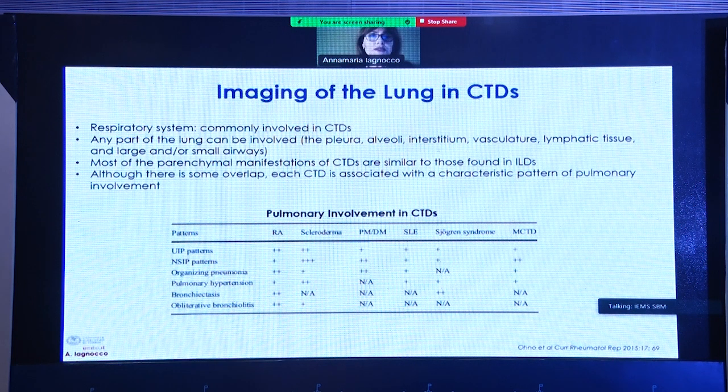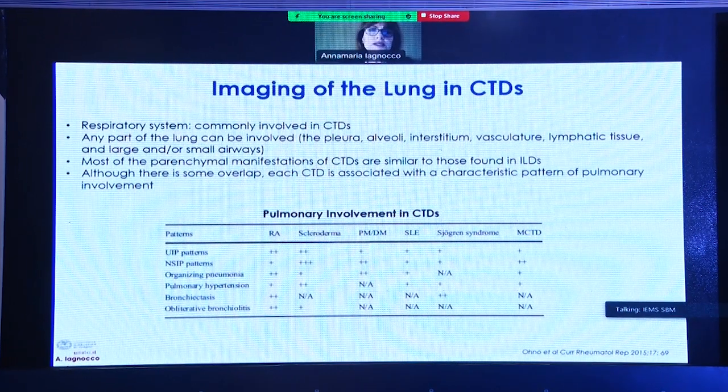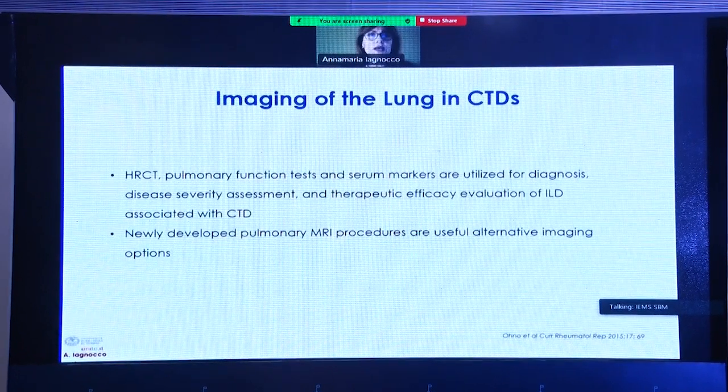can be characteristic of rheumatoid arthritis and of scleroderma as well, while non-specific interstitial pneumonia can be found particularly in scleroderma, but also in polymyositis or dermatomyositis, and we see the different involvement that can be detected in the different diseases as clearly shown in the slide.